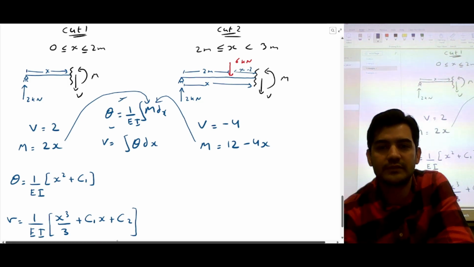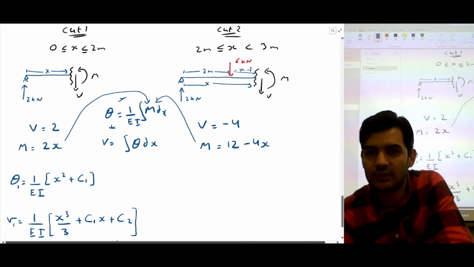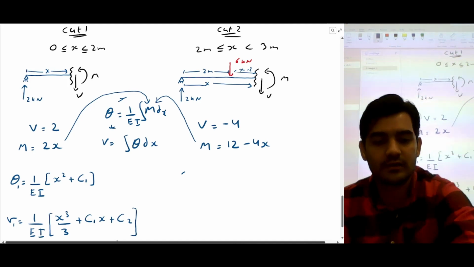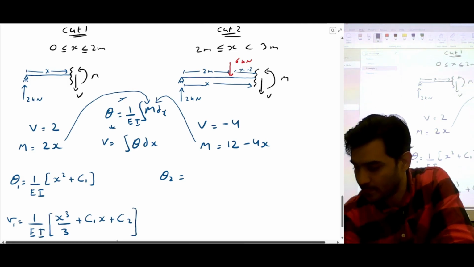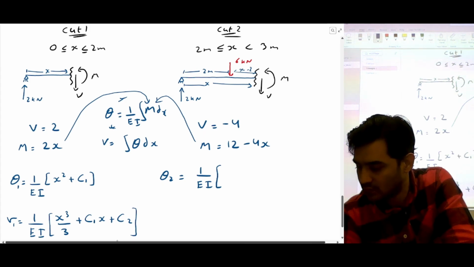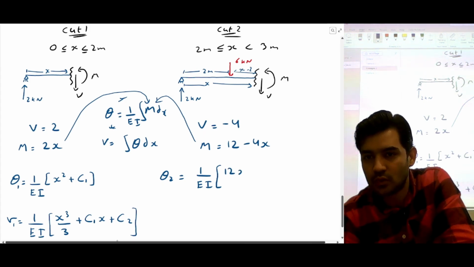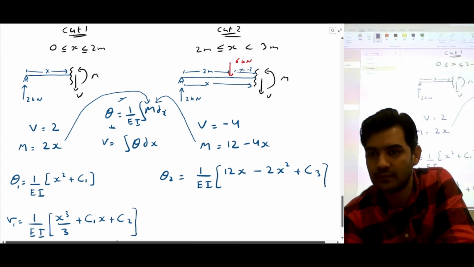Similarly, from these two equations, we can also determine bending angle and displacement for the other part. So let's call this bending angle theta 1, this V1, and for the cut 2, I'm going to call it theta 2, which is equal to 1 over EI (12x minus 2x squared plus C3).